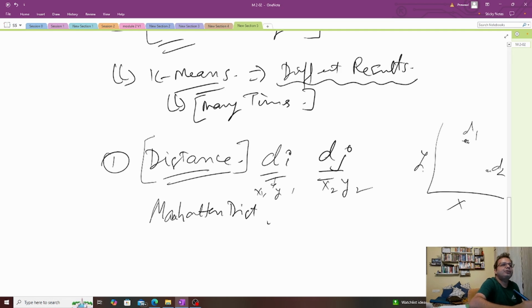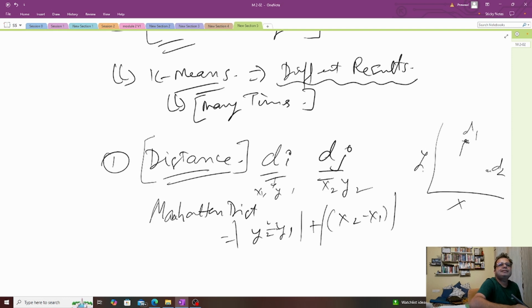We are only talking about 2 dimensions, but this can go into as many dimensions as possible. So how do you find the distance between the two? You find the difference between their y coordinates, take the absolute value, and find the difference between their x coordinates, and then sum that up.